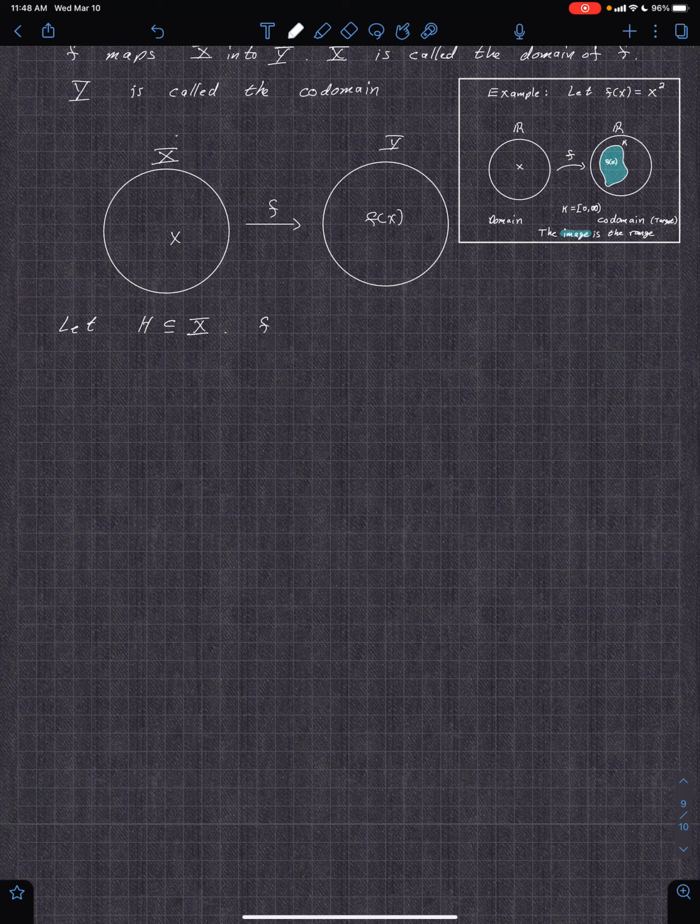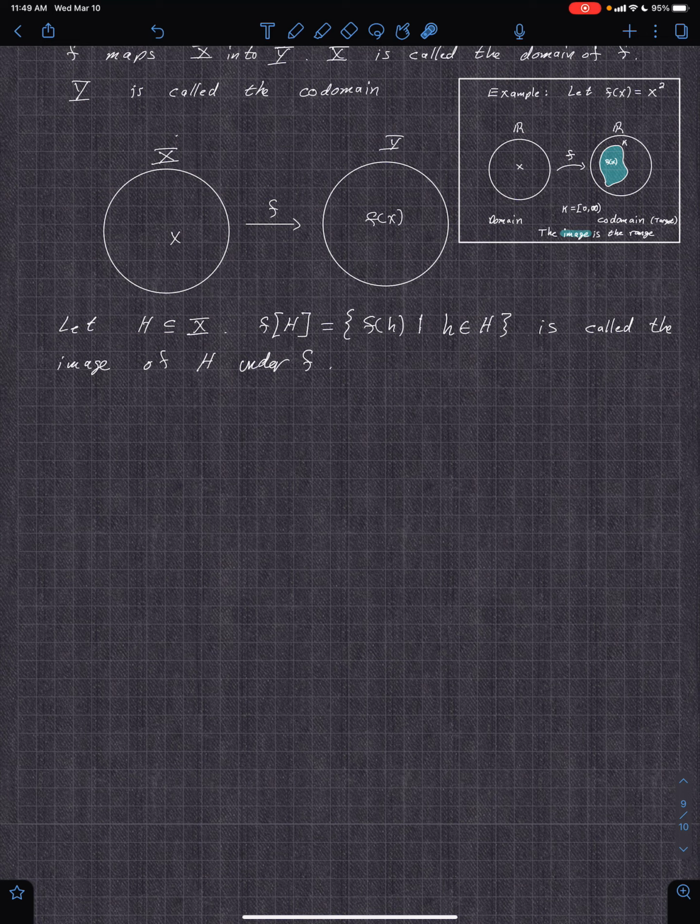F of H, the whole set, is equal to the set of f of h such that h is in capital H. And that is called the image of H under F. So it's like doing a domain restriction.